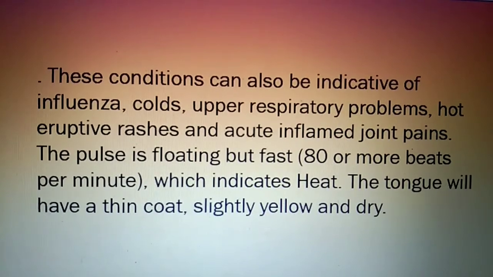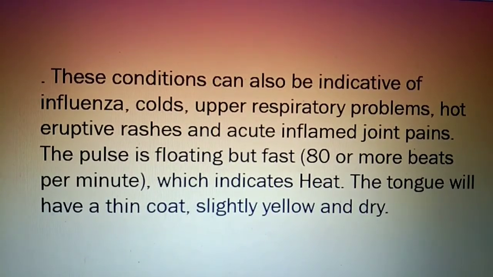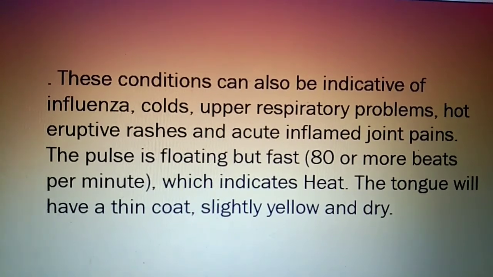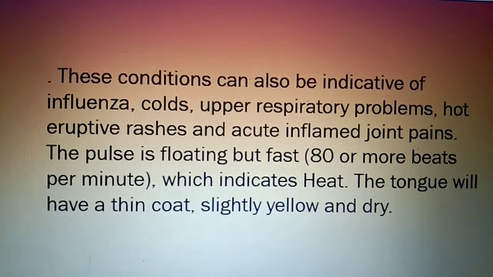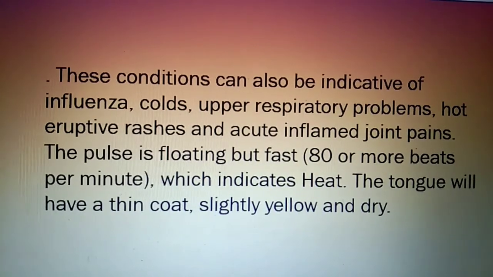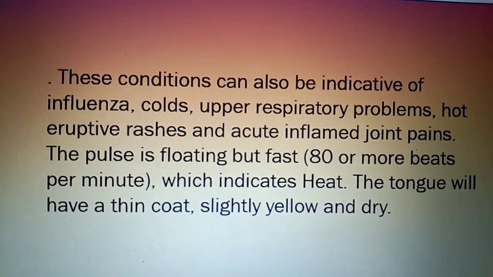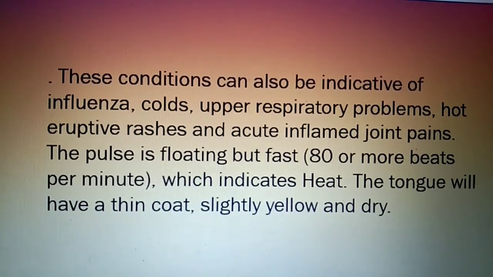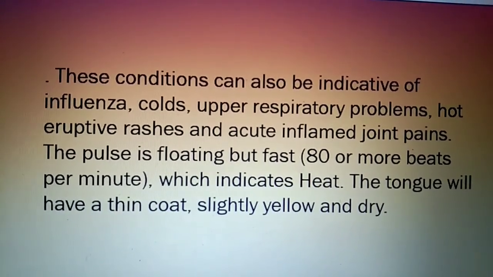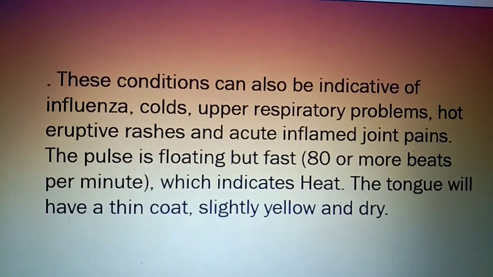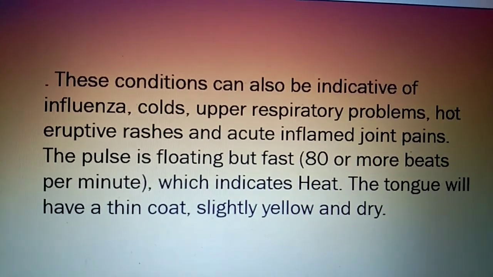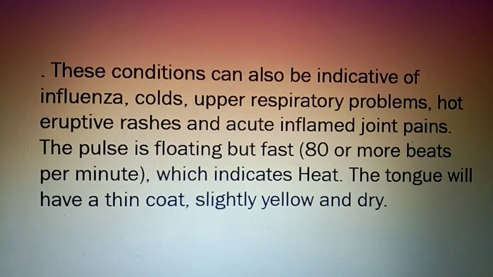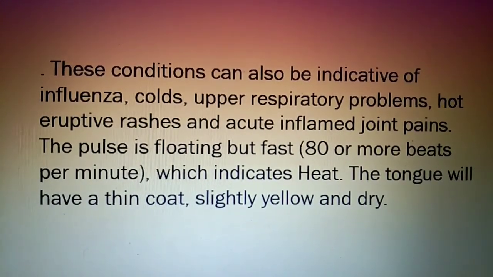These conditions can also be indicative of influenza, colds, upper respiratory problems, hot eruptive rashes, and acute inflamed joint pains. The pulse is floating but fast, 80 or more beats per minute, which indicates heat. The tongue will have a thin coat, slightly yellow and dry.